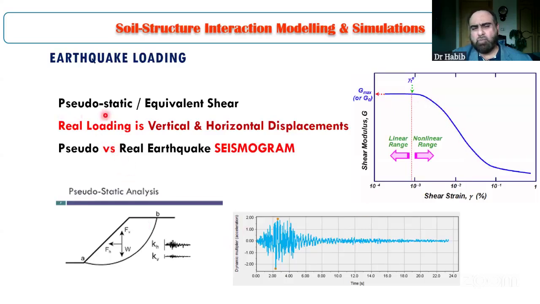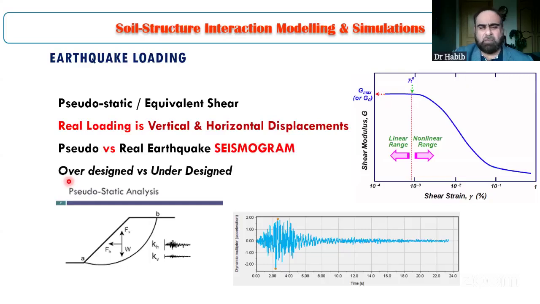But if we use pseudostatic or equivalent shear, then we can have only a 1G value in our design, which is not the reality. When we do SSI modeling, we can incorporate the real behavior of the geomaterials, and we can have a real earthquake over there. So again, we can have both the scenarios.